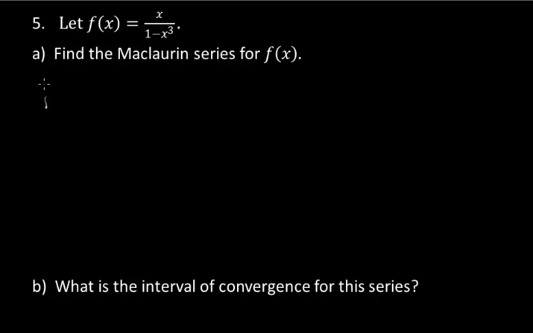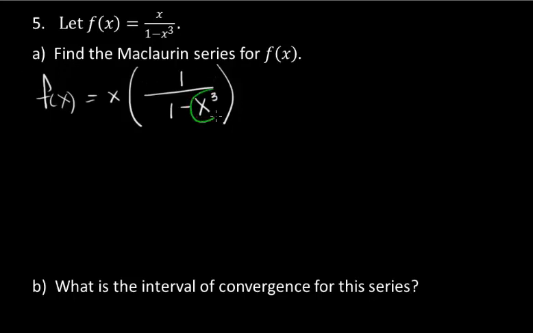This function, f of x, is equal to x times 1 over 1 minus x cubed. So all I have to do is take x cubed and plug it into the series for 1 over 1 minus x. So that's what I'll do.